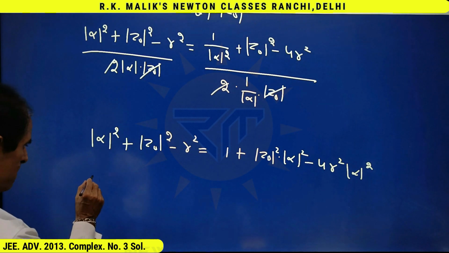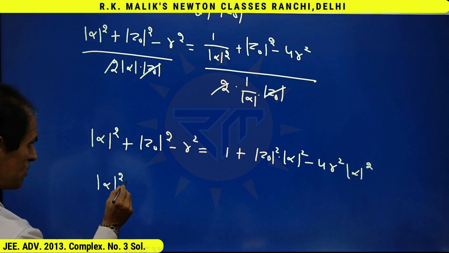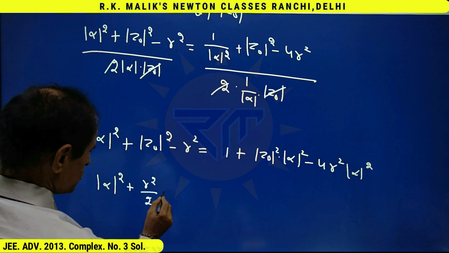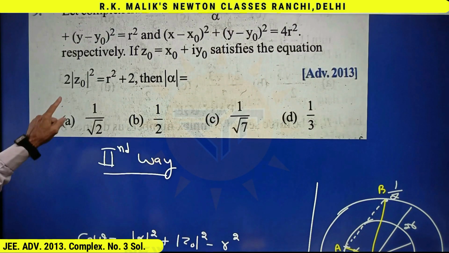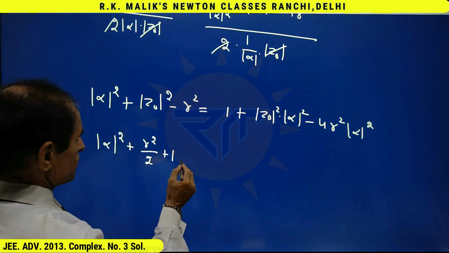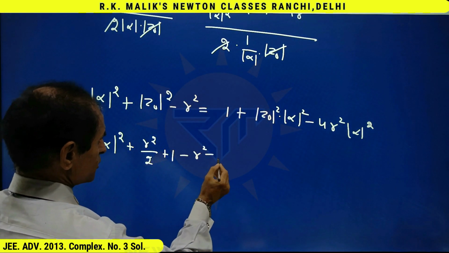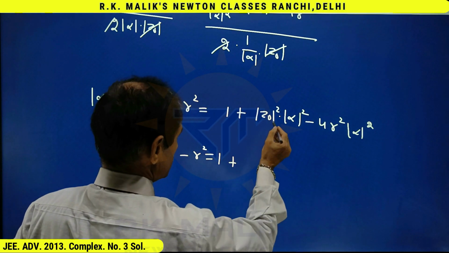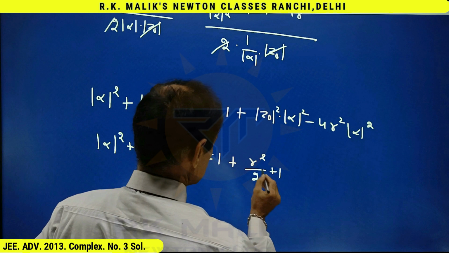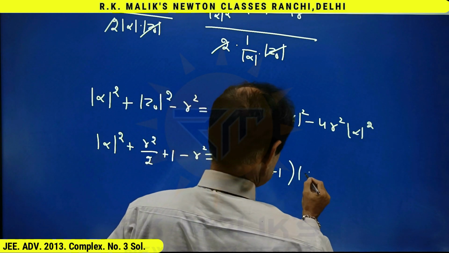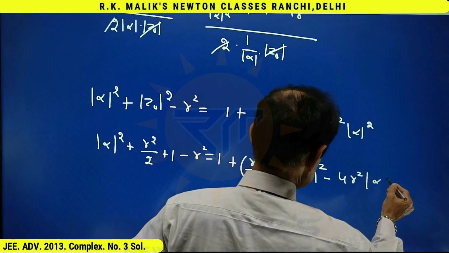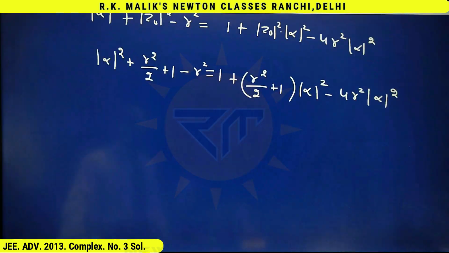C plus r square by 2 plus 1, because mod z0 square is r square by 2 plus 1, minus r square equal to 1 plus, it is r square by 2 plus 1 into mod alpha square minus 4 r square into mod alpha square.